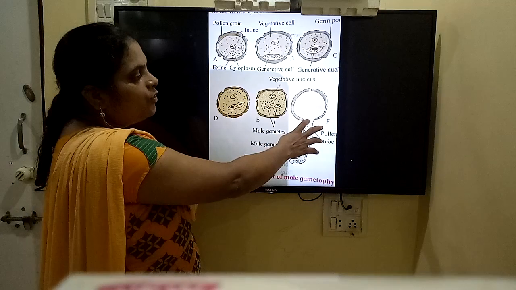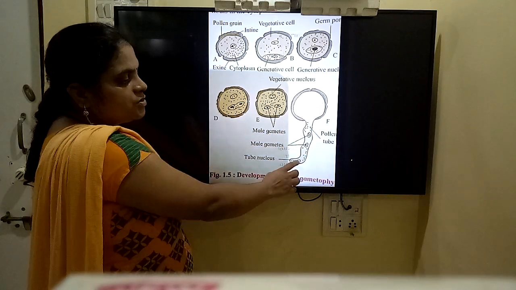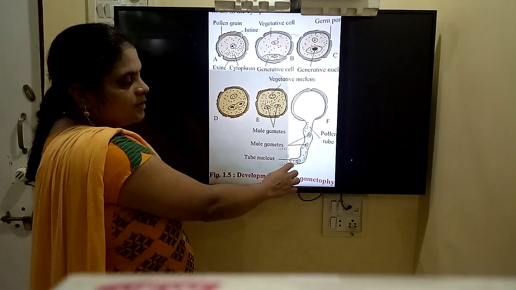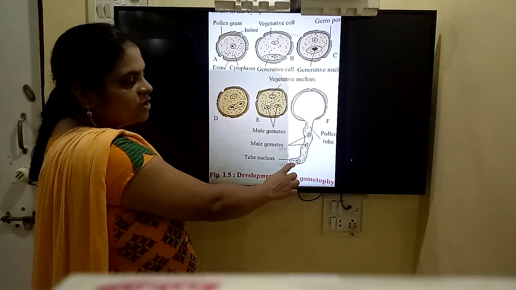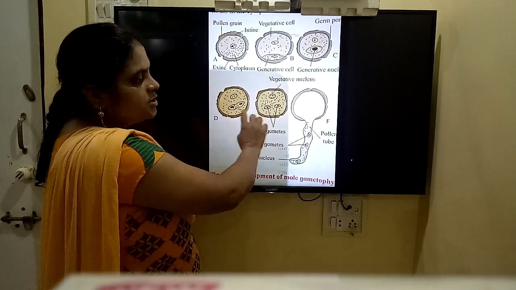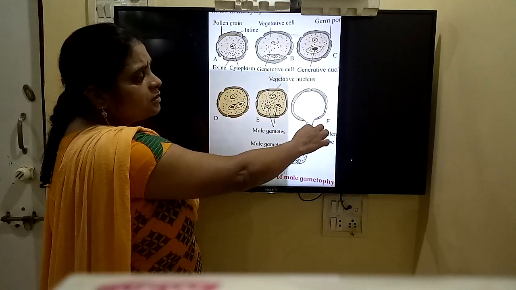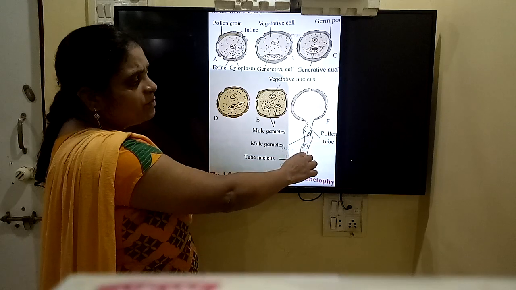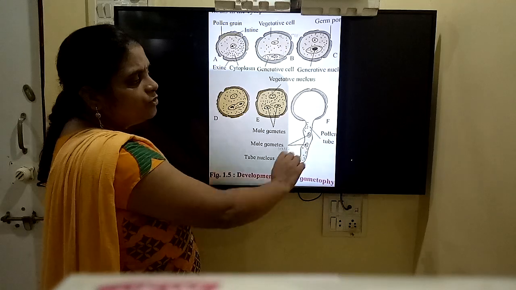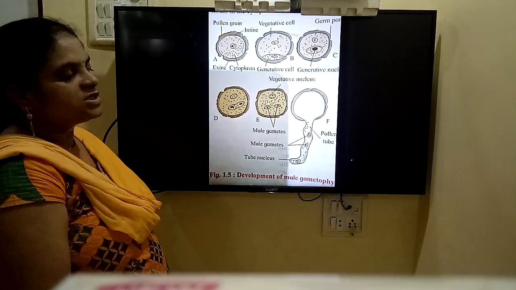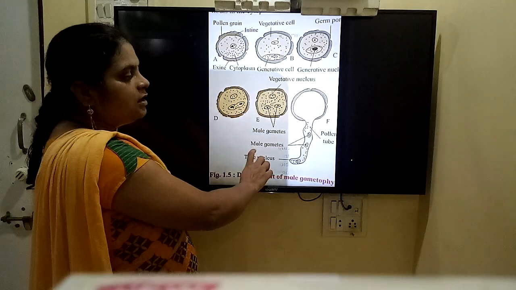Here is the germ pore. Through the germ pore, cytoplasmic material enters. The tube nucleus gives direction to the cytoplasm, which comes out through the germ pore, and the generative cell enters along with the cytoplasmic material, and there it divides mitotically and forms the two male gametes. In this way, the second mitotic division finishes and forms the male gametes.